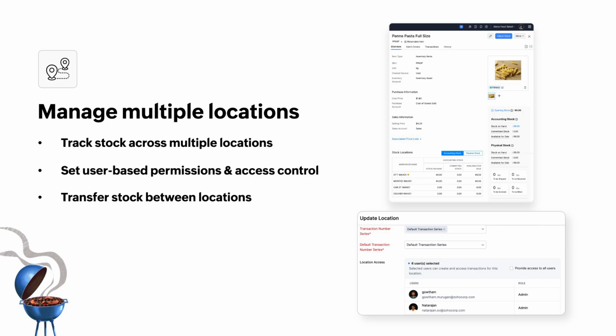Thereby, you get a holistic view of the stock availability across the different warehouses that you own. For example, if you're based in Houston, and let's assume you have a warehouse in the downtown area and the uptown area, you can create each of them as warehouses in our system, and you get a holistic view of the stock availability of one particular item across the various warehouses that you have.